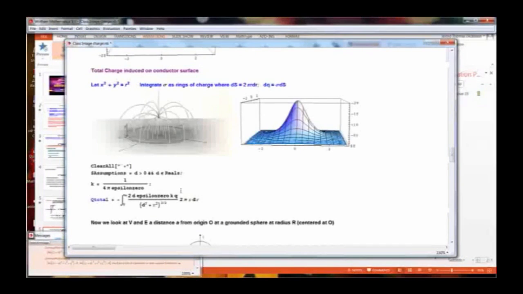I have the integral here. I'm going to set k equal to 1 over 4 pi epsilon naught, so that goes back as k. And I look at our equation then for the surface charge density here, and then here's our area element, and we integrate from 0 to infinity. This charge is negative, and so this negative sign should be there.